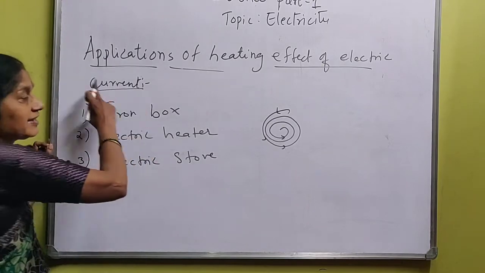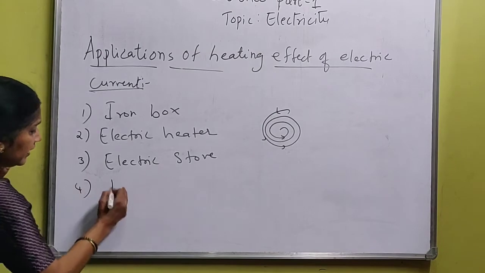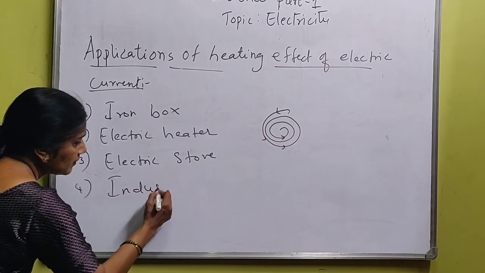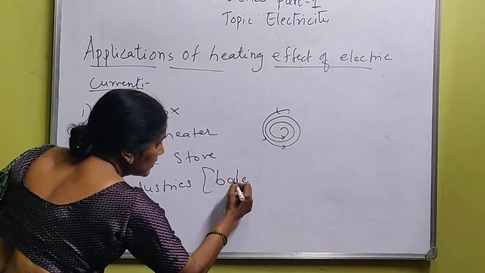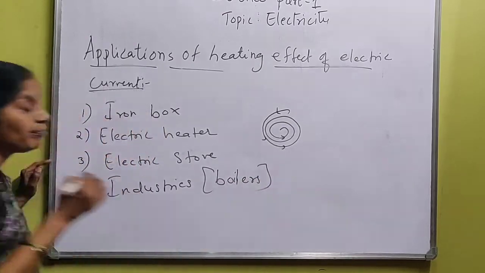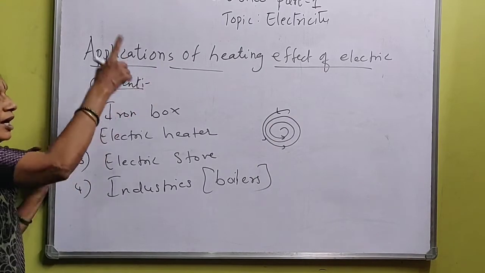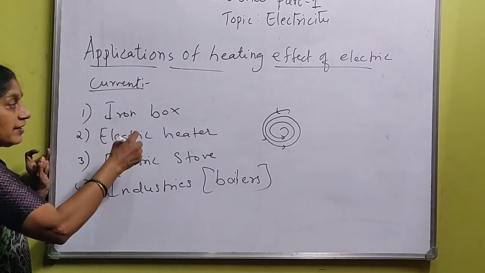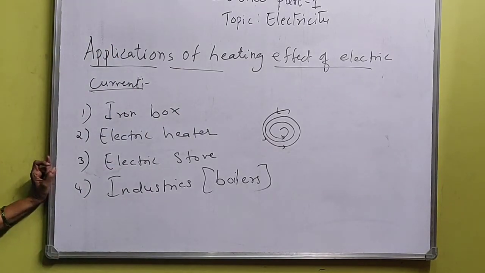There also the same heating effect of electric current is used, especially in boilers, where the water is boiled with the help of electric current. These are the applications of heating effect of electric current.